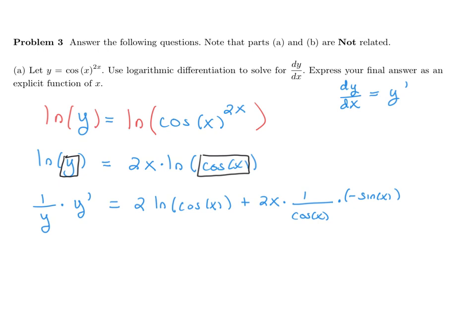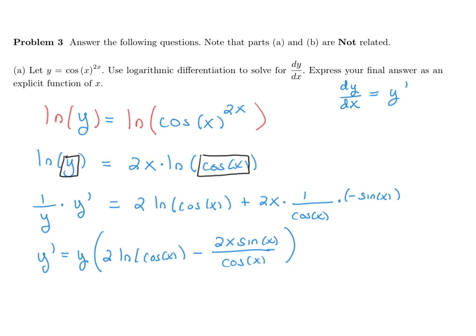That is, we have y prime is equal to y times 2 times the natural log of cosine of x. This is really minus. I'll have a single fraction. Then I can write 2x sine x divided by cosine of x. If you'd like, you could call sine over cosine tangent. I'll leave it just like this.